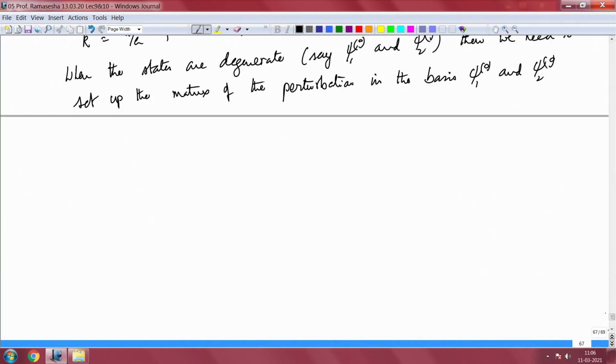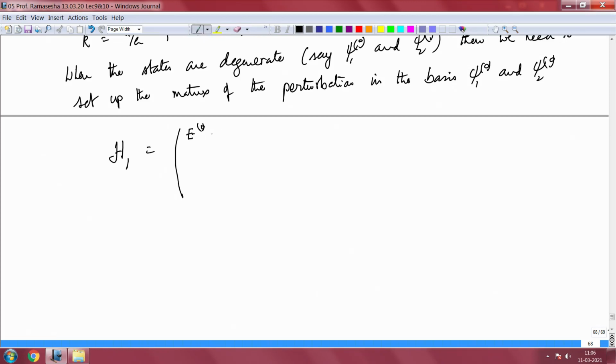If we did that, then what we will get is the matrix of the perturbation, which is E1, because both E1 and E2 are the same, so no need to put the subscript.